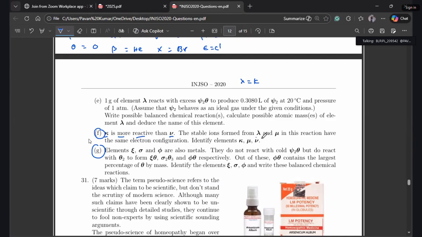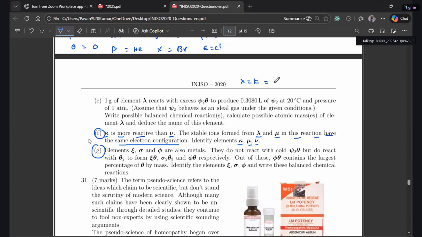We'll see this. Wait a minute. K is more reactive than mu. The stable ions formed by lambda and mu in this reaction have the same electronic configuration. Then identify the elements K, mu, and nu. What is lambda? Just now I said.